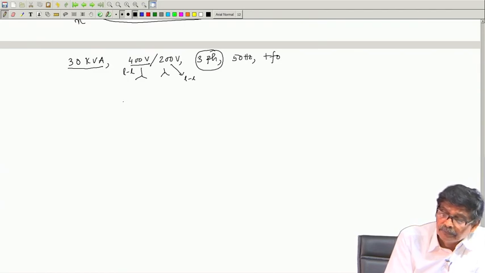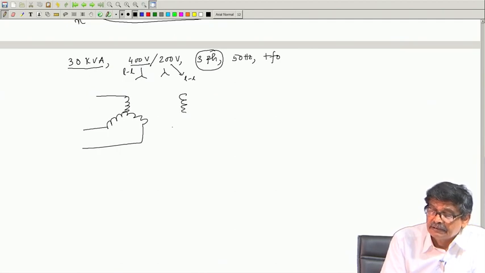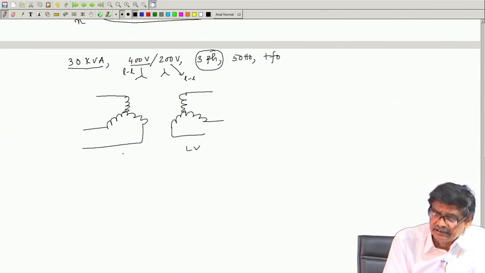The transformer you connect generally, as I told you, from the LV side you carry out the no load test. So, suppose this side is LV, this side is HV.